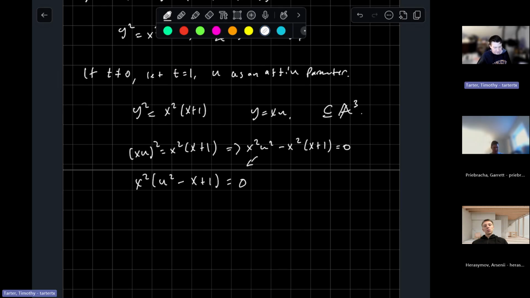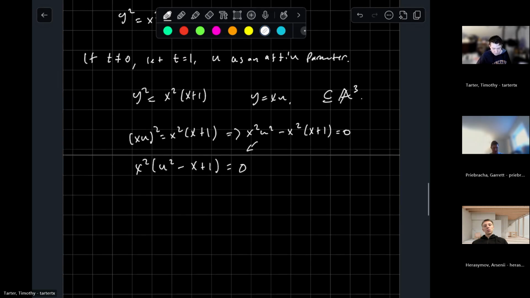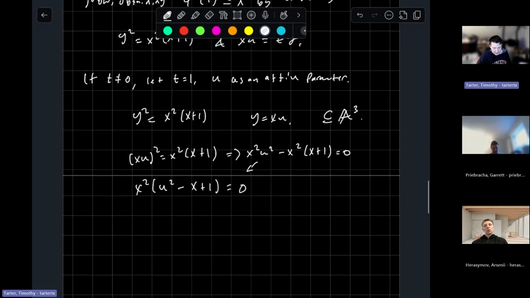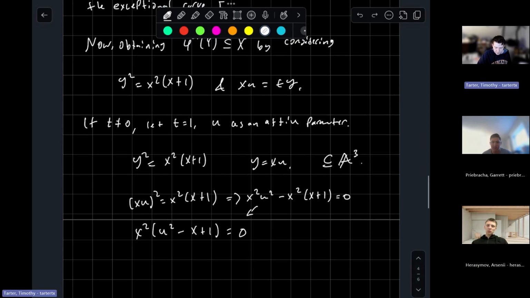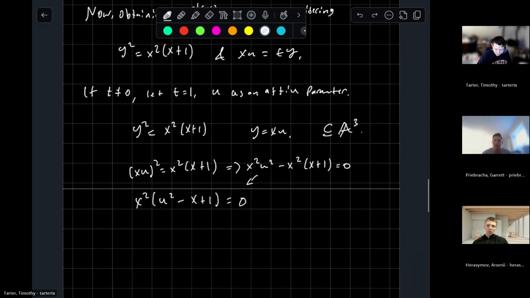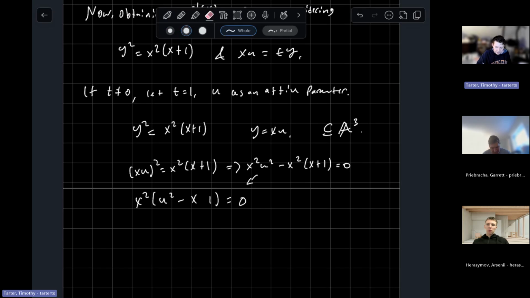And so taking xu to be 0, would it have to be negative x minus 1, not plus? Where? Last row. You distribute the minus. You are absolutely right. Good catch. Thank you.